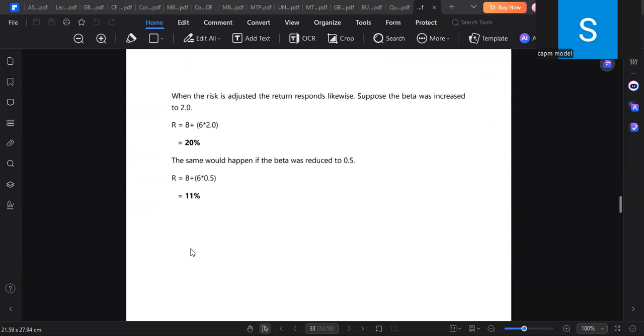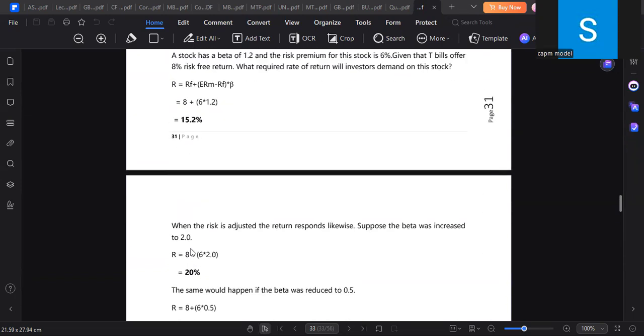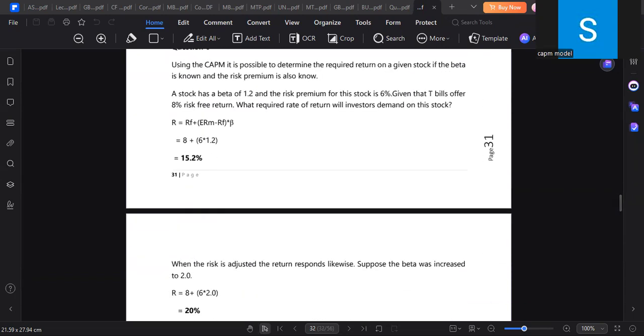When we reduce the beta, our expected return is also reducing. So this is how we compute the CAPM model. So now let's look at the example that I just sent on the group.